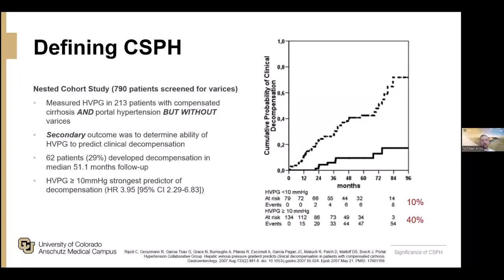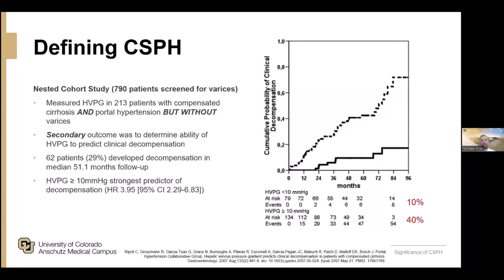And they took a cohort from that of 213 patients who had compensated cirrhosis, portal hypertension as defined by an elevated HVPG, but without varices. So these are those patients who truly have no decompensating events. And actually, the secondary outcome in this cohort study was determining the ability of the HVPG to predict subsequent clinical decompensation, and the median follow-up time was just over 4 years.